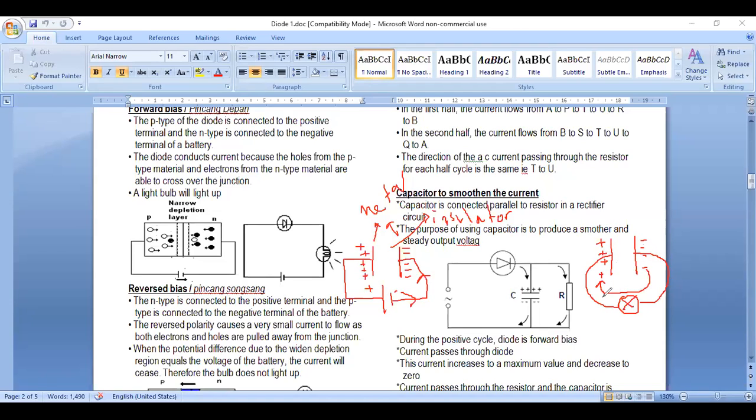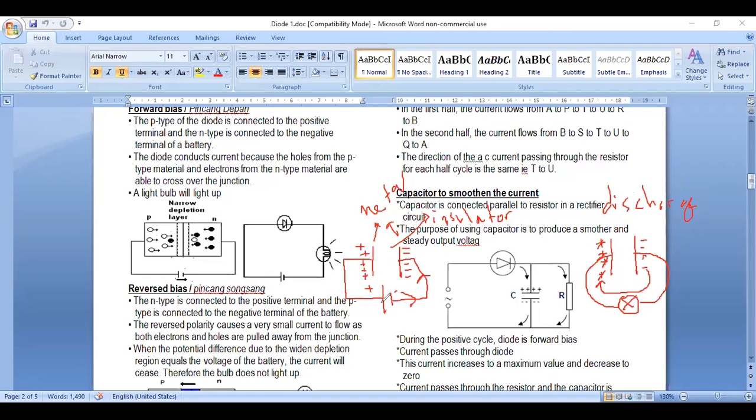That means when there's flow of electron, there will be current. So the electron will flow and neutralize, flow and neutralize. Once this one becomes neutral, there won't be flow of current. This one we call discharging.